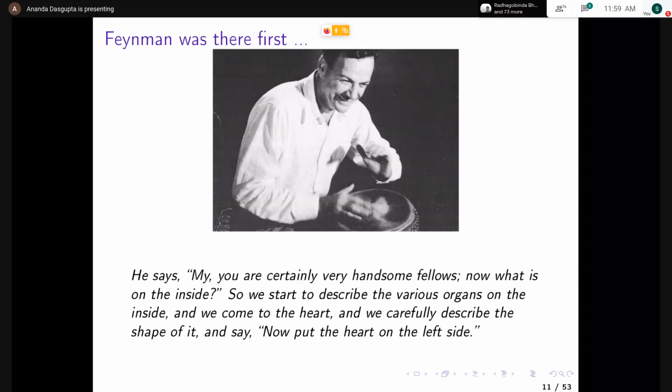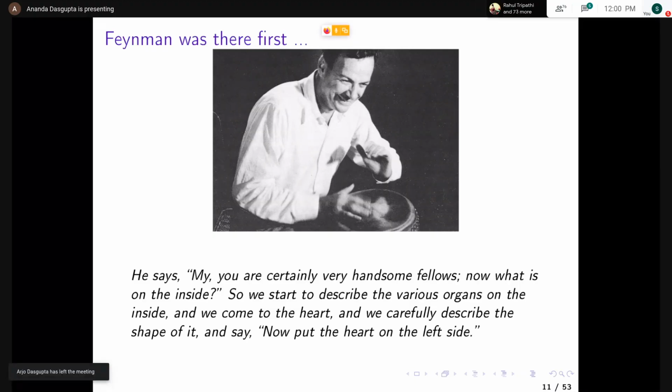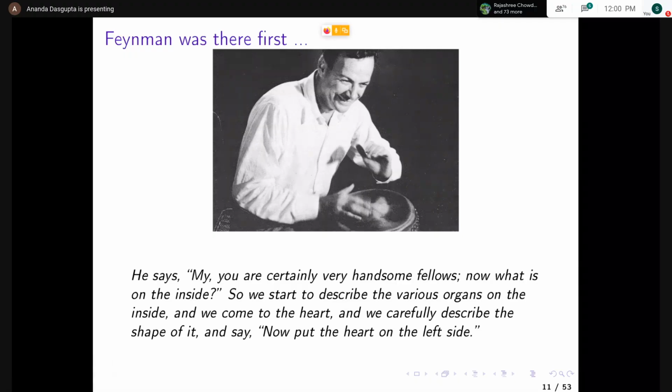So we start to describe the various organs on the inside and we come to the heart. And we carefully describe the shape of it and say, now put the heart on the left side. This is where Feynman made a small mistake. After all, he was not a biologist. Strictly speaking, the heart is not really on the left side. It's near the middle, it's tilted to the left side. But anyway, that's what he meant.